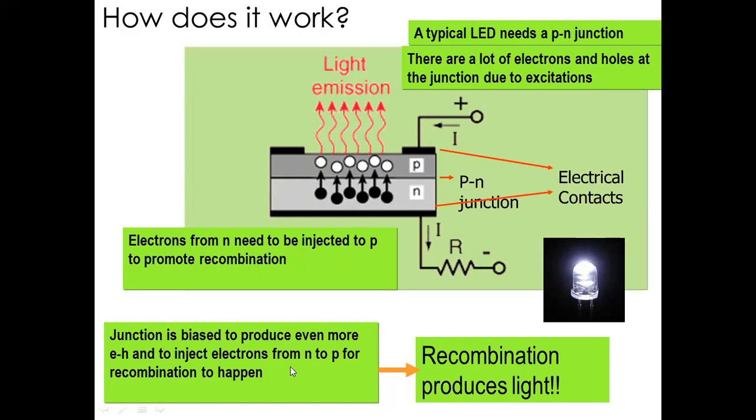The junction is forward biased to produce even more electron-hole pairs and to inject electrons from N to P for recombination. During this recombination only, the light is emitted. That recombination produces the light.